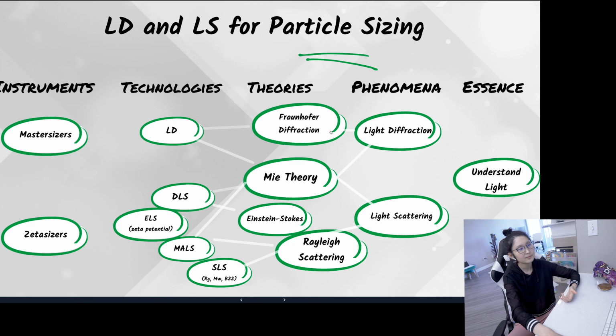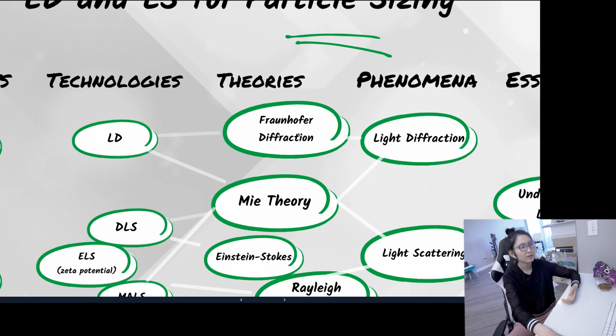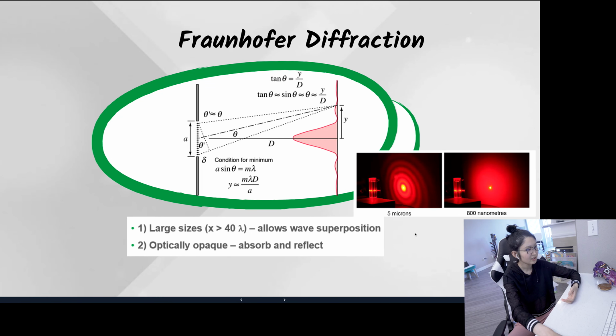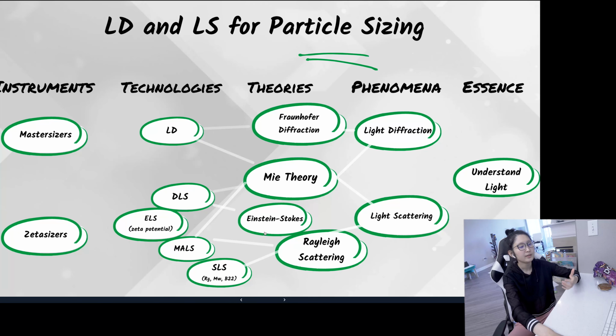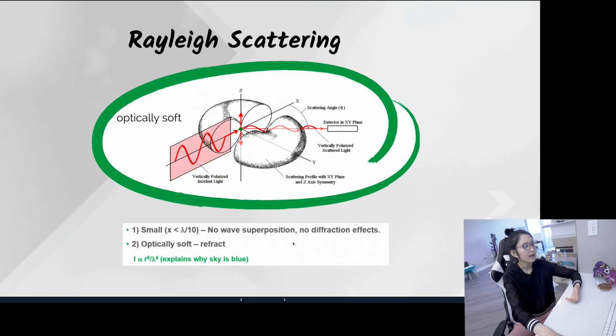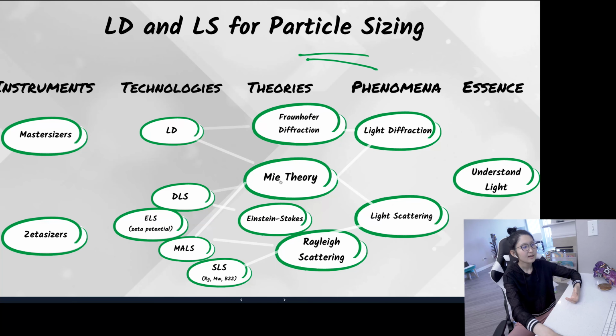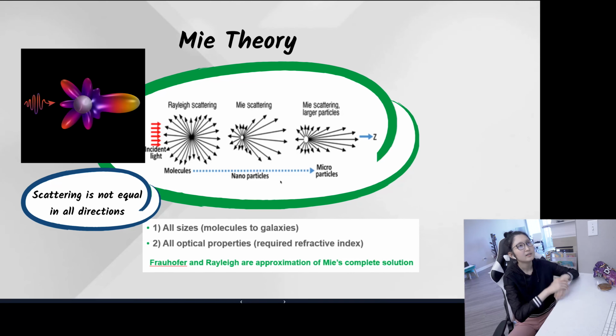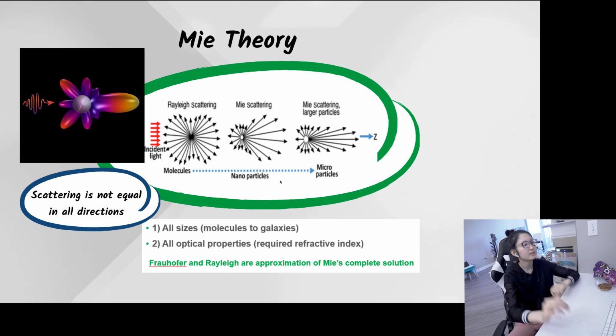Fraunhofer diffraction explains diffraction. Rayleigh scattering explains scattering, but both of them have strict conditions, the size of the particle and the optical property of the particle, whether it's opaque and soft. And that's why Mie theory is the superstar that explains all this.